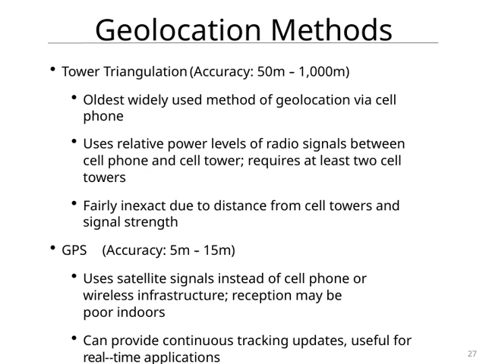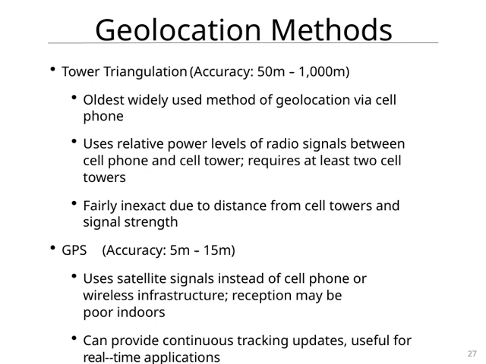Next, we have GPS, which offers a much higher level of precision, typically around 5 to 15 meters. Instead of relying on cell towers, GPS uses signals from satellites orbiting the Earth. This makes it highly accurate, but it does have some limitations, like indoors, where reception can be poor or even unavailable.